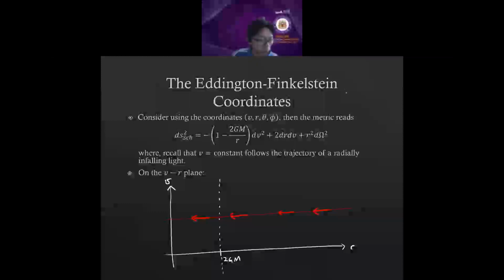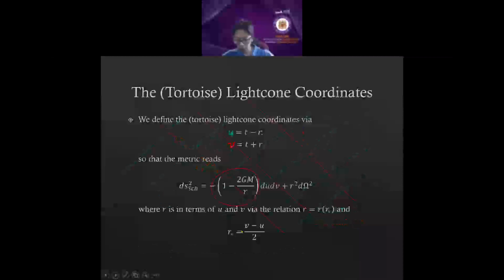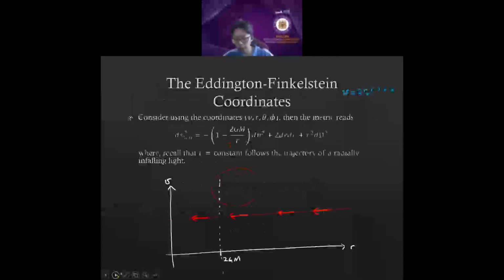Notice that r star equals v minus u over 2, so it follows that v equals 2 r star, written in terms of r, plus u.